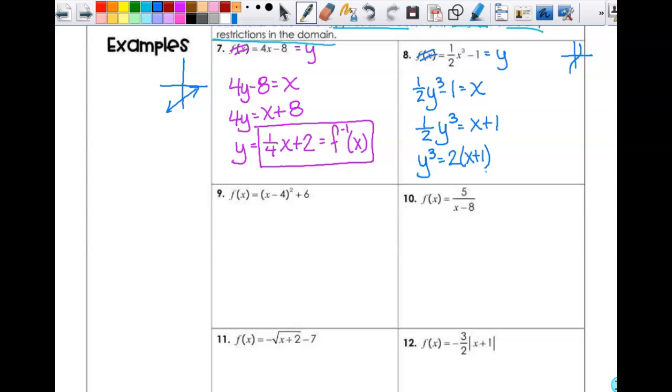So how do I undo a cube? Cube root. So I'm going to take the cube root of both sides. So y is equal to the cube root of 2 times x plus 1. And that's all underneath the root, so make sure that it's obvious that that's what's happening. And then that is f inverse of x.